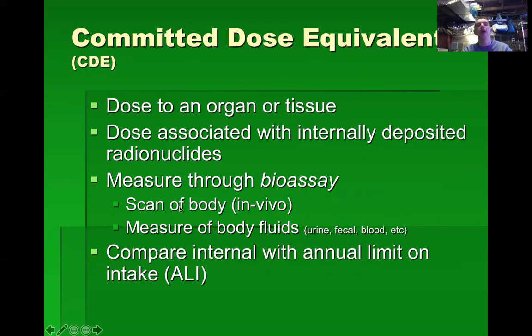We do have thyroid bioassays, which attempt to quantify the amount of radioactive material that might be in a thyroid after an accidental exposure scenario. And then from that measurement, we can assign a dose to that organ. So then we'll know the dose that's given to that thyroid. We can compare it against the organ dose limit, which is 50 rem.